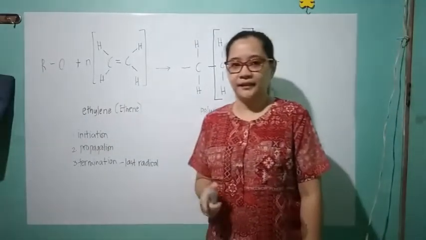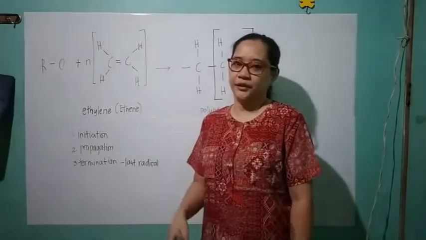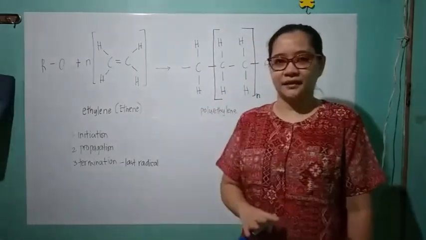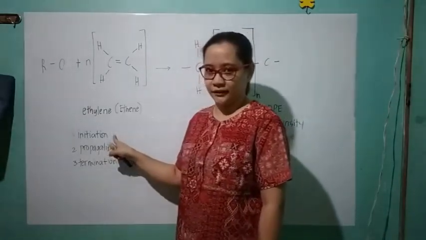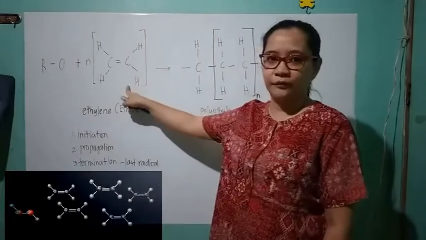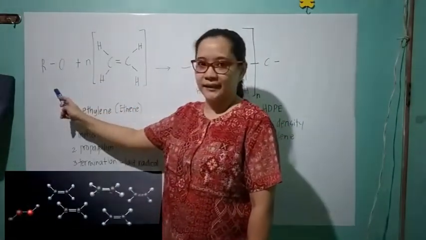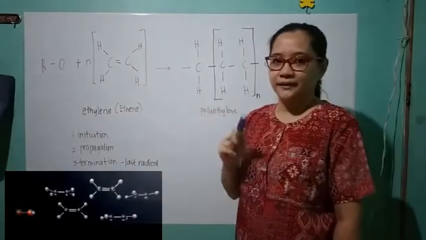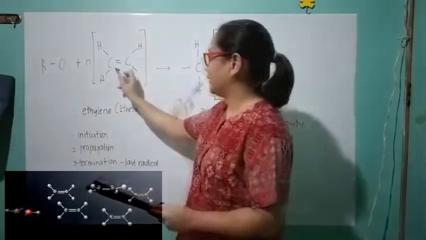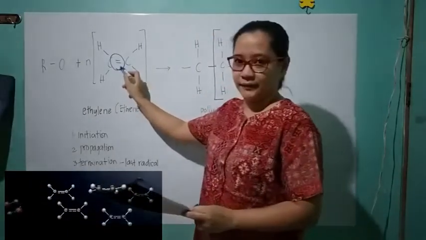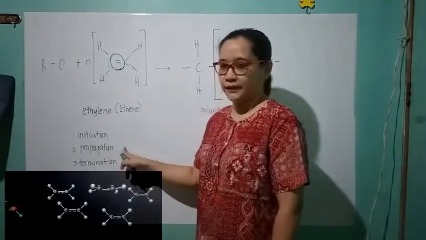This is how polyethylene is formed by the process addition polymerization. In this process, there are 3 steps. First is initiation. N number of ethylene together with a catalyst is heated at a certain temperature and pressure to break the double bond. Second is the propagation.